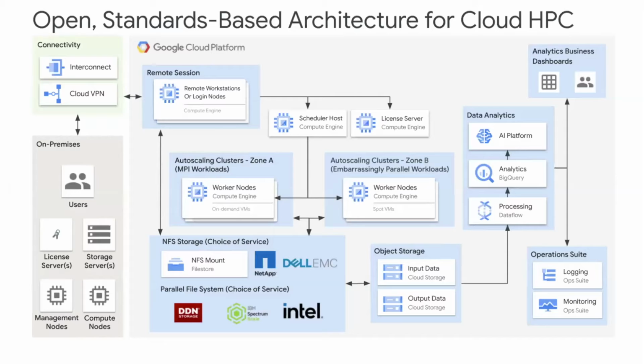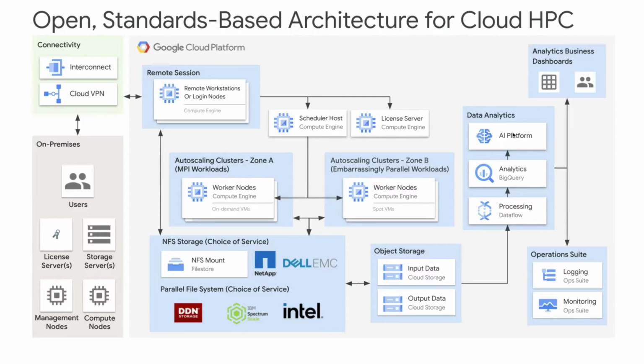So how does an HPC environment look in the cloud? Well, it's not all that different from on-premises in terms of major building blocks. You're going to have a scheduler host in general, a number of license servers, maybe remote workstations. A key difference is that the scheduler host oftentimes will auto-scale. So we will have as many compute nodes as you need to process your current jobs, and then that will go to zero if you're not having any jobs.